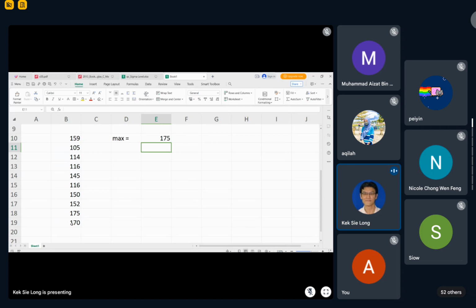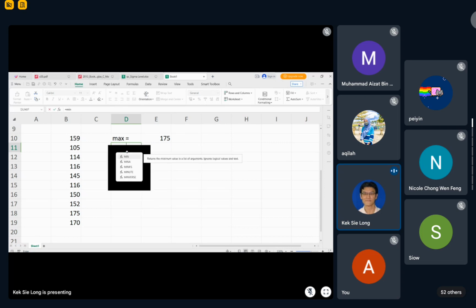So the upper control limit might be 180. Why did I say 180? Is it possible to say 176? Yes, as long as the value is greater than the maximum value, then the process is in control.